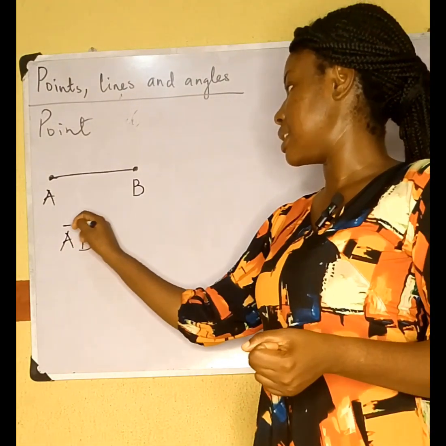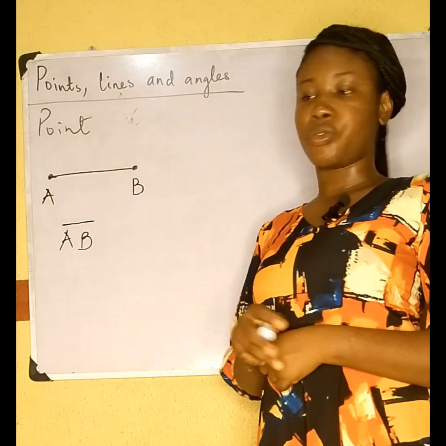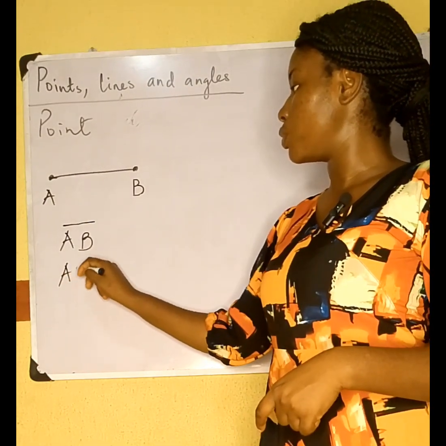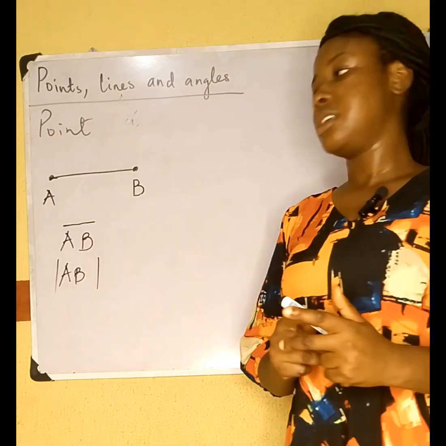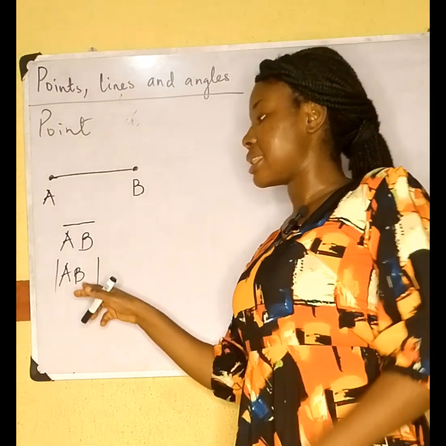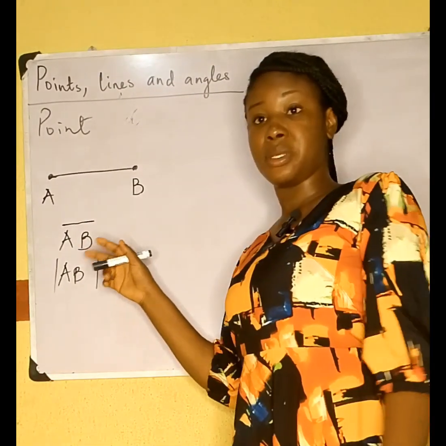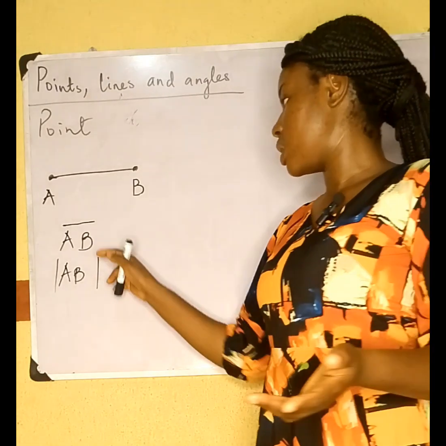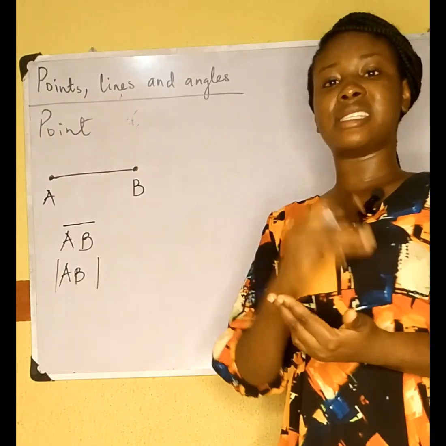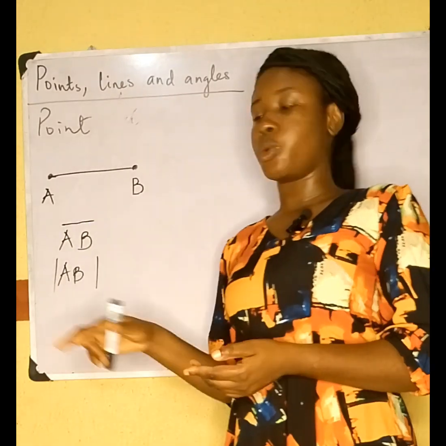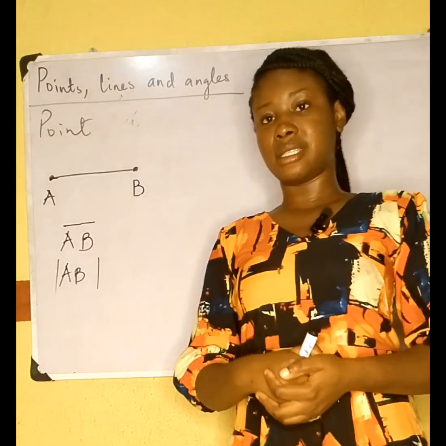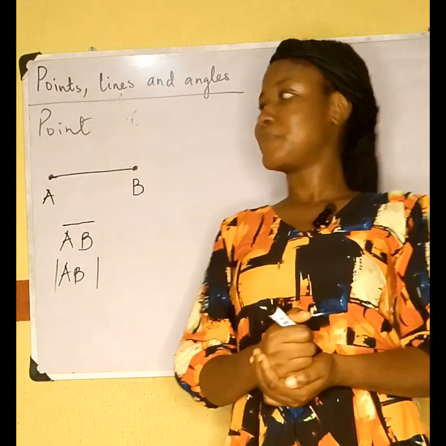Either you put a dash on top of it, or you put 2 slashes around the line. So this tells us line AB. Either of these works in representing a line.